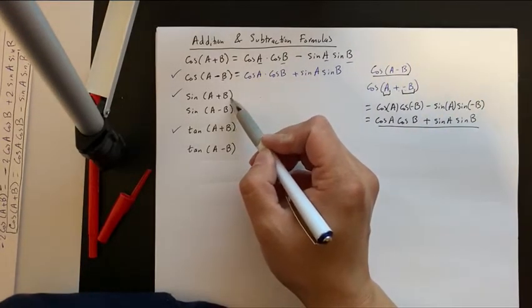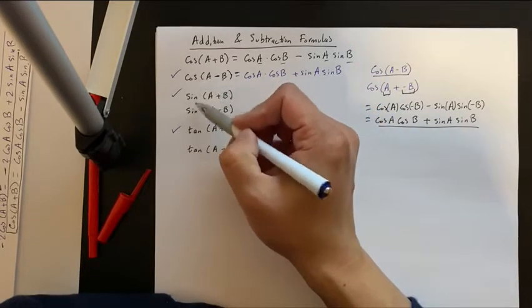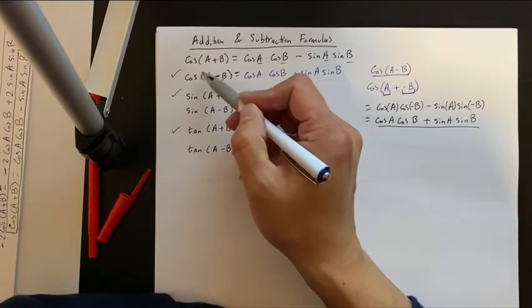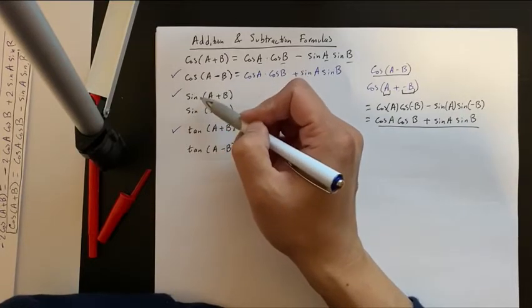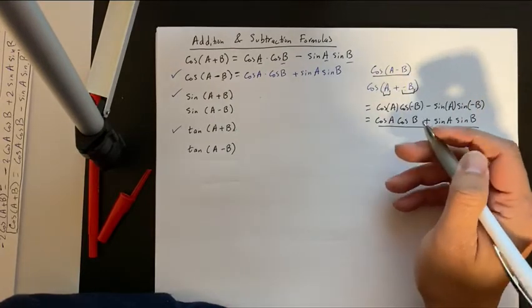This one is a little bit trickier. You can't just change cosine to sine without applying some sort of a trig identity, and we're going to use the cofunction identity.